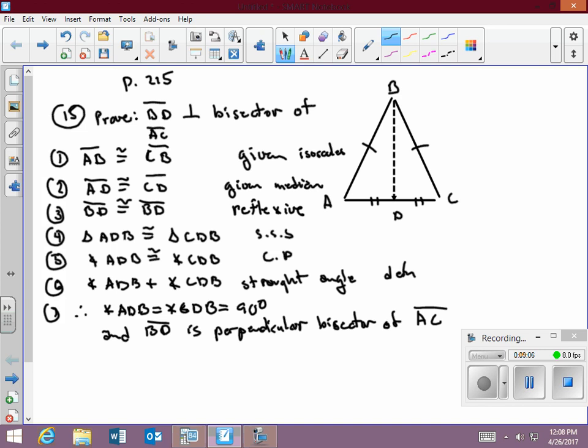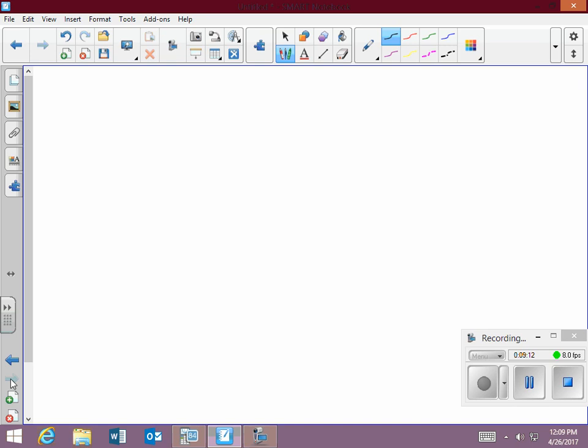Now I did 2 and 4. And then 6 on page 225. It says draw a line segment AC and label point B between points A and C. Use your compass and straight edge to bisect the angle ABC.